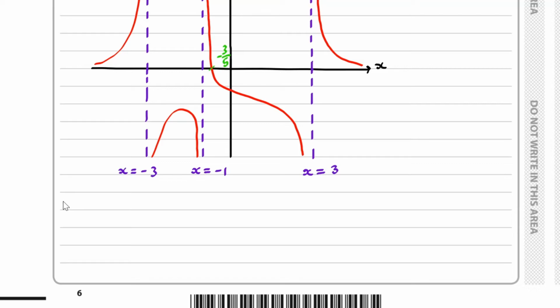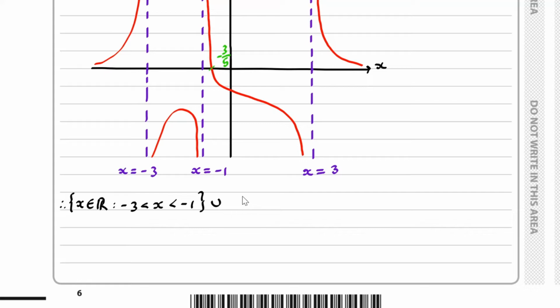You'd find over here in conclusion that the set of values we're after, we have minus 3, which is less than x, which is less than minus 1. Now you have to be a bit careful over here. It's not less than or equals to, because we have asymptotes here.